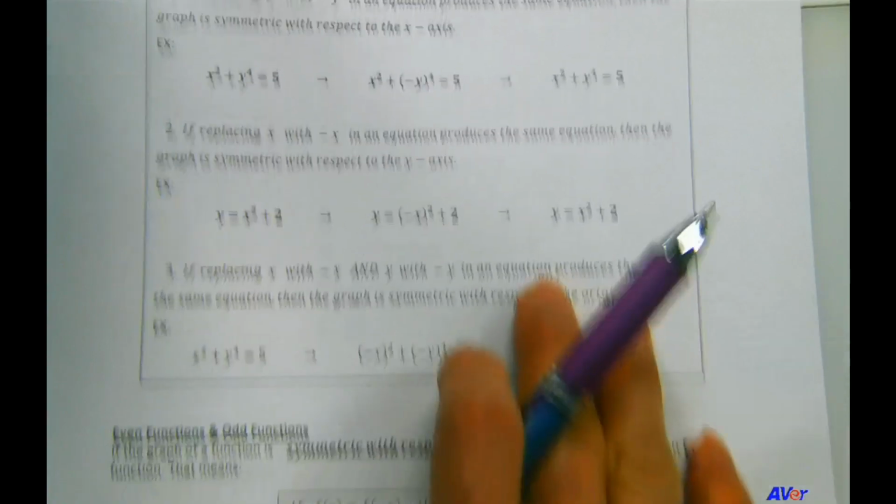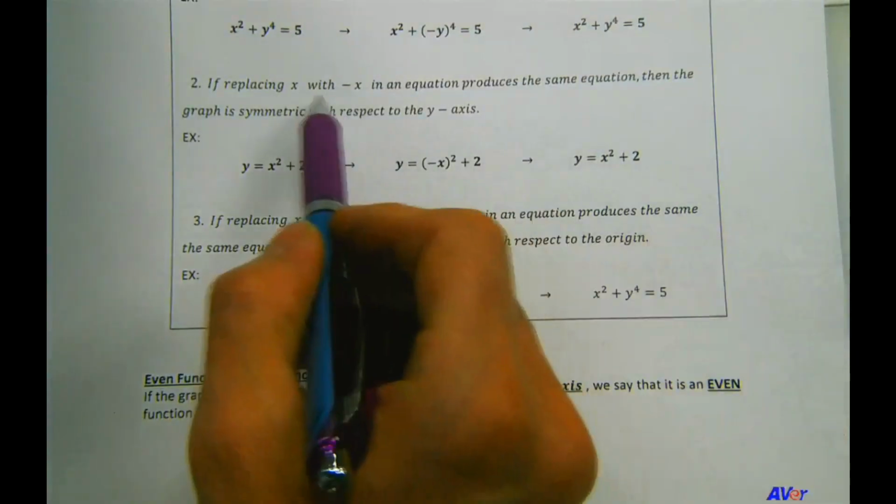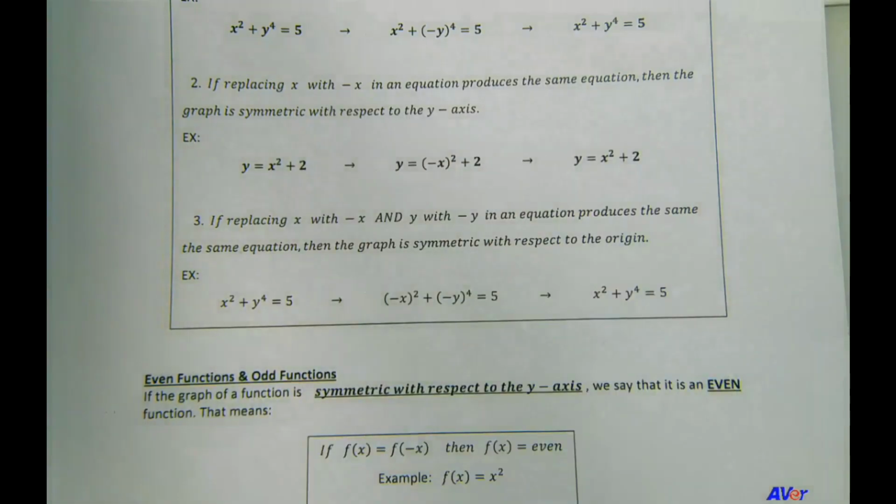Number two, if replacing x with minus x in an equation produces the same equation, then the graph is symmetric with respect to the y-axis. So this is again easy to remember. If it's the x that you replace with negative x and it produces the same equation, then the graph of that equation is symmetric with respect to the other axis, which is y. Okay.